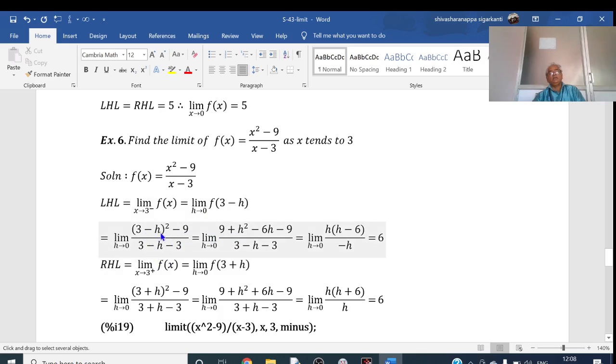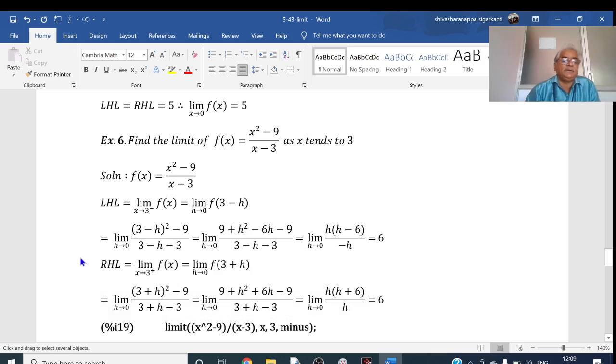Expanding this using a minus b whole square, a square plus b square minus 2ab: 9 plus h square minus 6h minus 9 divided by 3 minus h minus 3. Here 9 gets cancelled and here 3 gets cancelled. In these two terms, if I take h common, this becomes h into (h minus 6) divided by minus h. h gets cancelled. Now apply the limit as h tends to 0. This bracket becomes minus 6. Minus 6 by minus 1 is equal to 6. So this is our left hand limit, equal to 6.